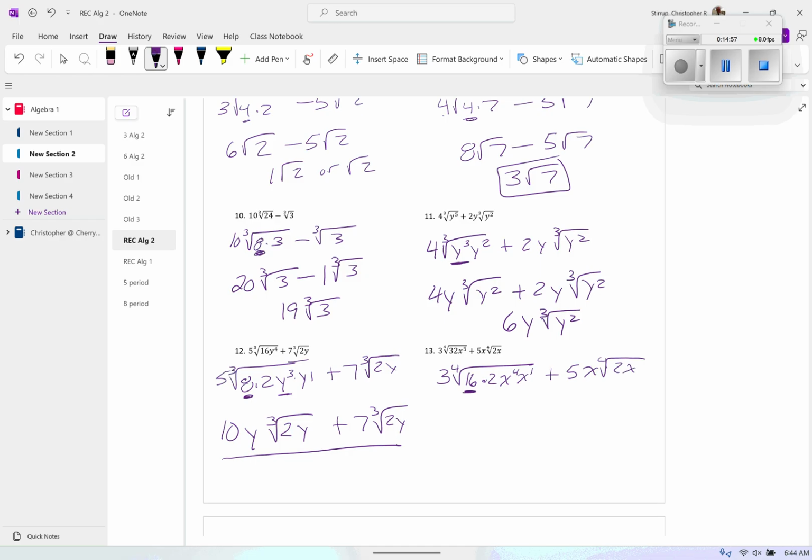All right, fourth root of 16 is 2. 2 times the outside 3 is 6. Fourth root of x to the fourth is just x. And then I have fourth root of 2x plus 5x fourth root of 2x. Everything's like terms, so go ahead and add them. 6x plus 5x is 11x, fourth root of 2x.